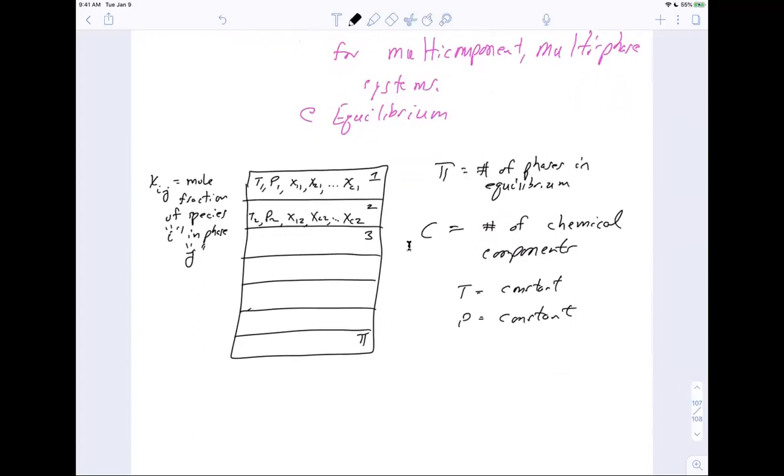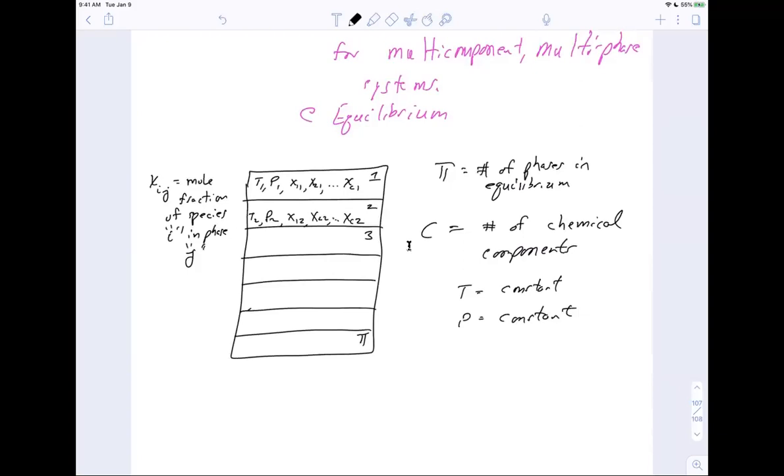Remember from the very beginning of this class, and I've said this in the lecture today and last lecture, that to completely specify a system, we need to have two independently variable properties that are intensive, plus the amount.